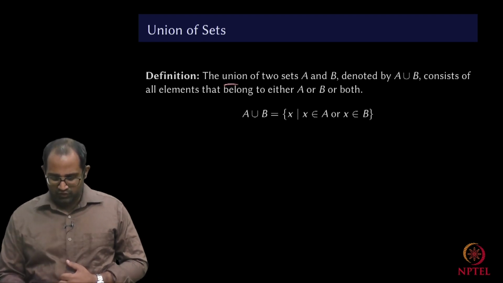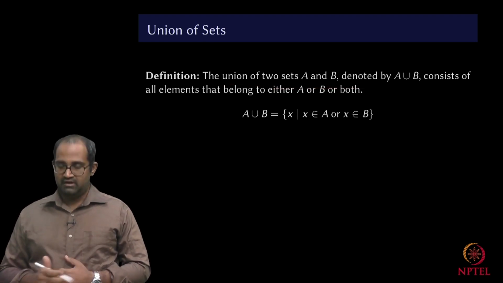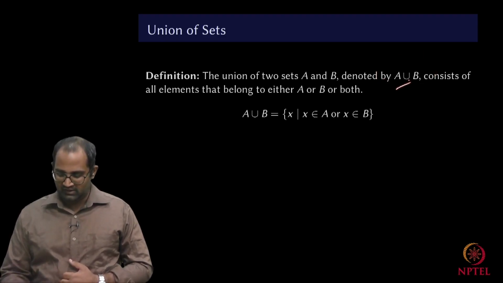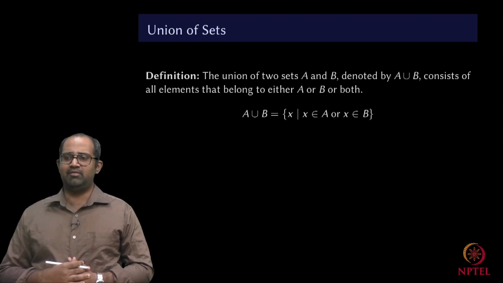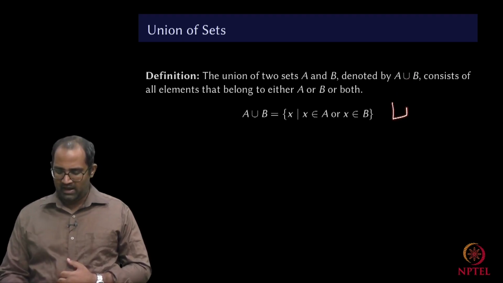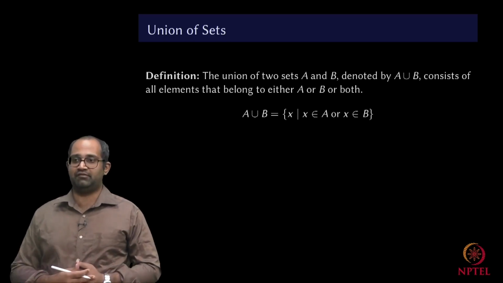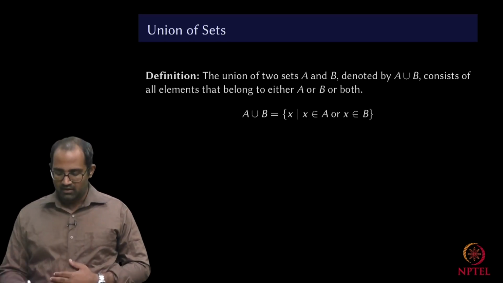The union of two sets A and B, denoted by A union B, is usually written like a cup, but sometimes we may use variants like a square cup. I will come to that when the moment arises where I need to use a square cup.